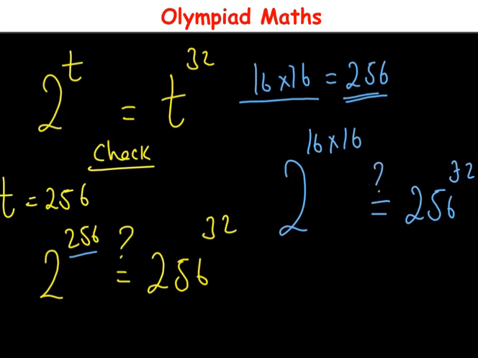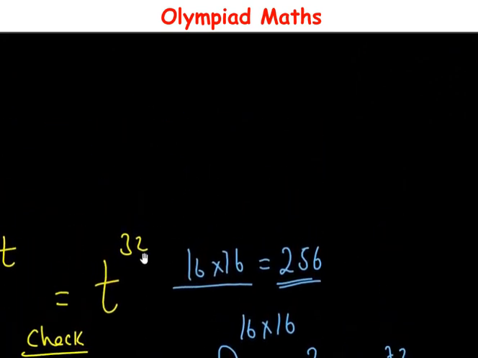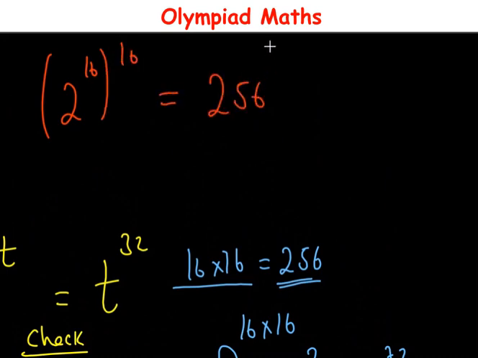Now from here, applying this rule of indices, that if you have a raised to power b times c, this equals in bracket a raised to power b, all power of c. Applying this rule right here, this then becomes in brackets 2 raised to power 16, all over 16, with this equal 256 raised to power 32, question mark.